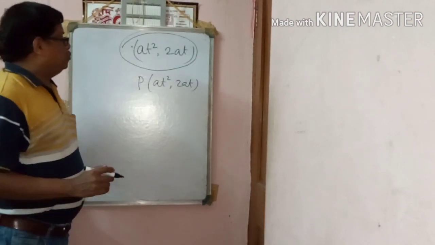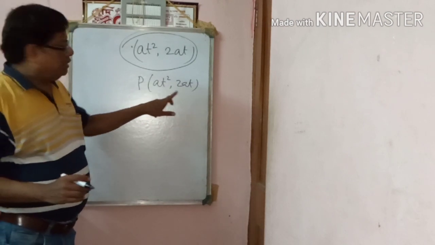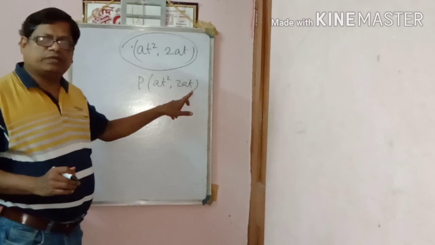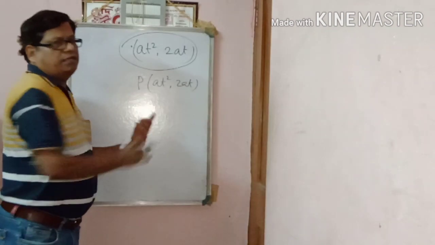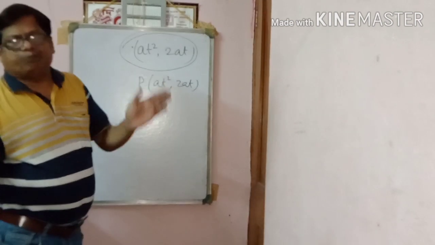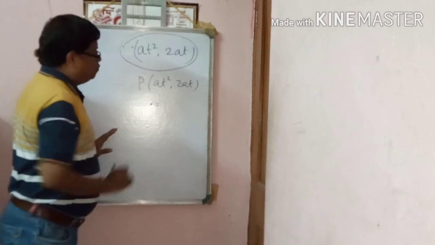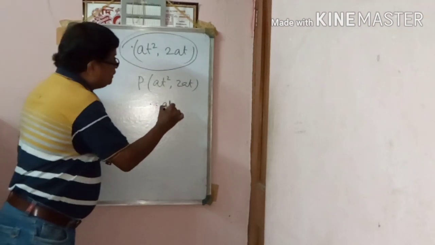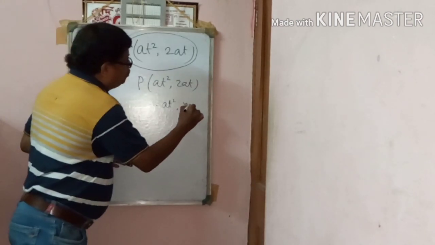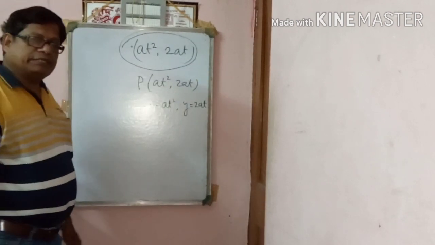Now here this is x, y. So this is the abscissa and this is the ordinate. We know P is any point, suppose P of (x, y). So we can write x equal to at square and y equal to 2at.